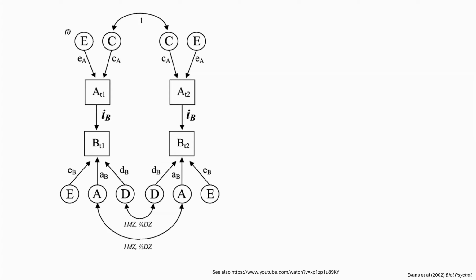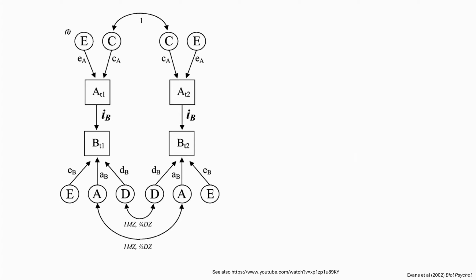The observed variables are influenced by latent factors due to additive genetics A, dominance genetics D, the common environment C, and the unique environment E. And these latent variables are correlated between MZ and DZ twins by the usual values given by biometrical genetics theory. We assume that all the latent variables in this diagram have variance 1.